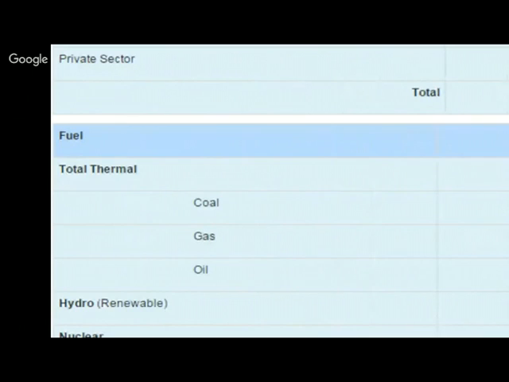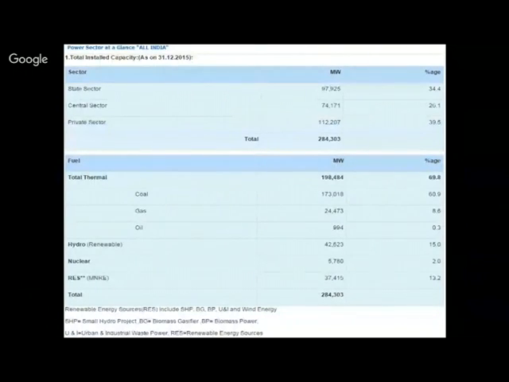Now if you see renewable energy, hydro is the next, which is even used as a base plant. Base load is mostly thermal and hydro here. So hydro is around 42,623 megawatts of installed capacity in India as per December 2015 data, about a month back. And nuclear is around 5,780 megawatts.